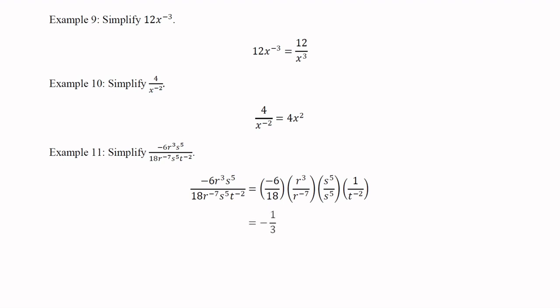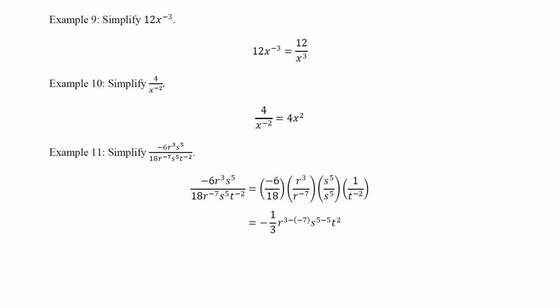Negative 6 over 18 is going to simplify to negative 1/3. We're going to use the quotient rule on our r terms. We're going to use the quotient rule on our s terms. And we are going to use the negative exponent rule on our t term. So we'll pull that t to the negative 2 out of the denominator, bring it to the numerator as a positive exponent.